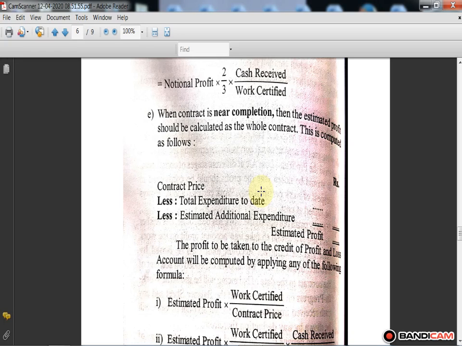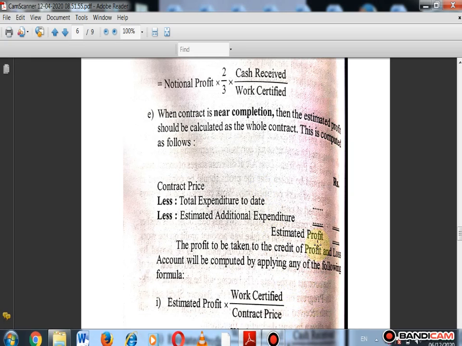We deduct all these expenses from the contract price, and we get the estimated profit.